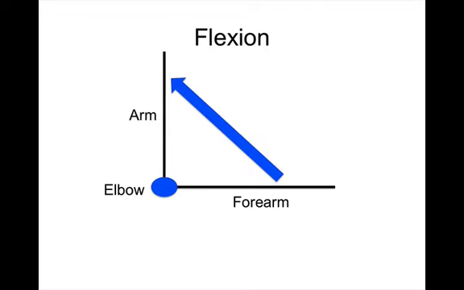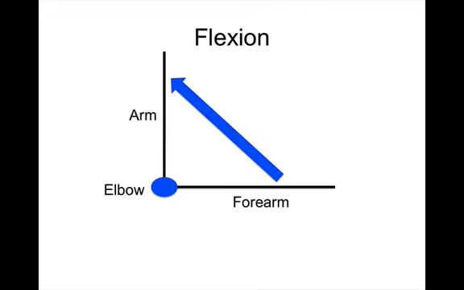So I've shown the elbow there with a blue circle, and the arm is shown by a black line, and then we have the forearm shown by another black line. So essentially this is your elbow joint partially flexed, like your elbow is to your side and partially flexed, halfway flexed towards your arm, and you're holding a weight, for example.